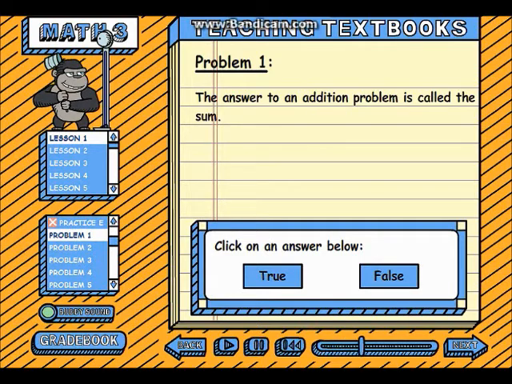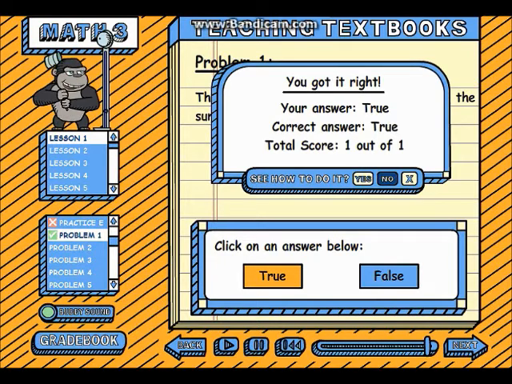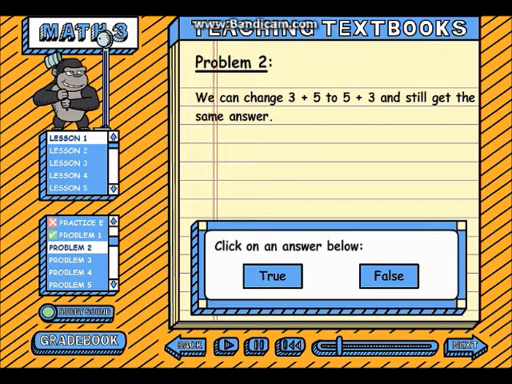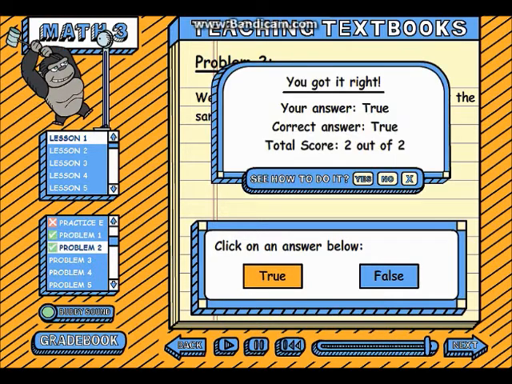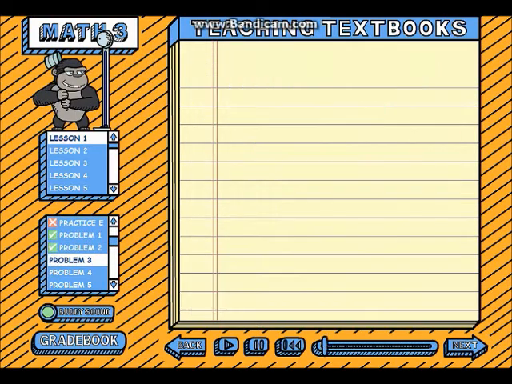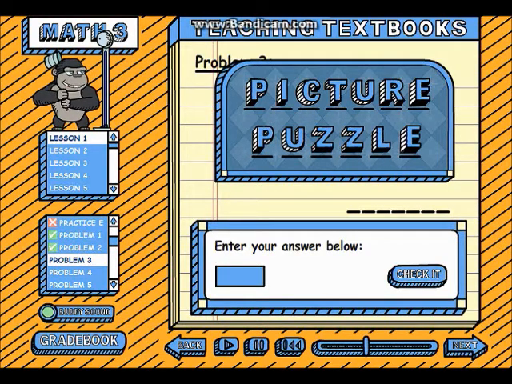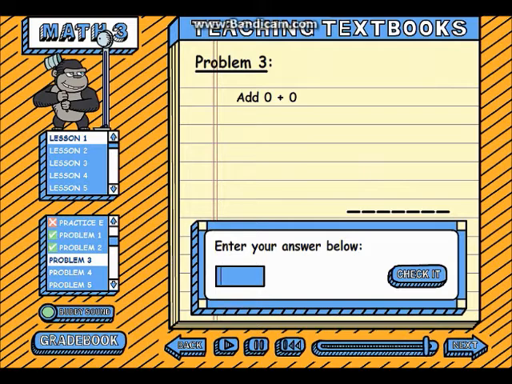True or false? The answer to an addition problem is called the sum. You got it. True or false? We can change 3 plus 5 to 5 plus 3 and still get the same answer. You got it. Here you need to add 0 plus 0.